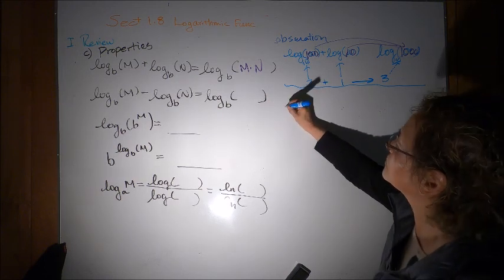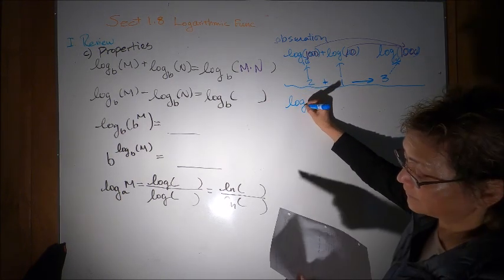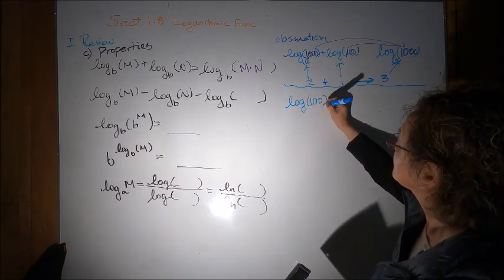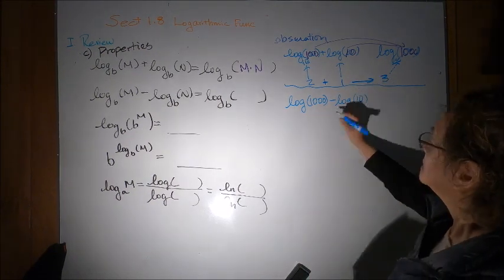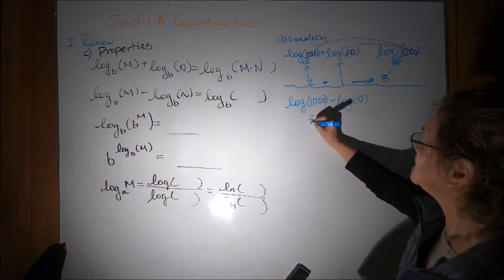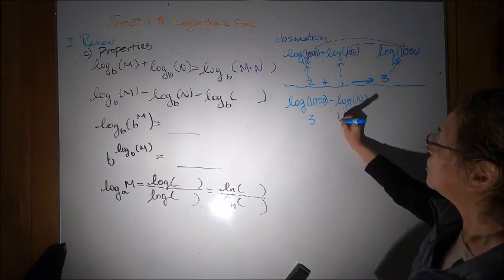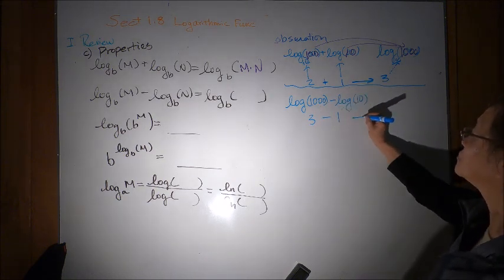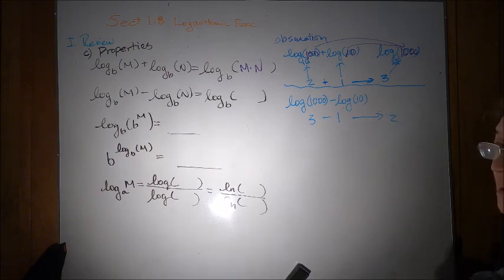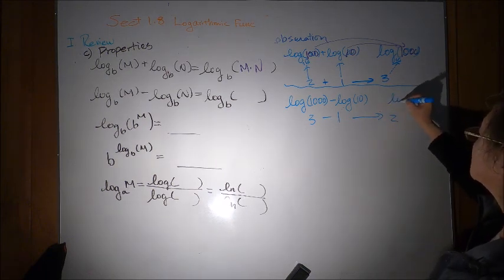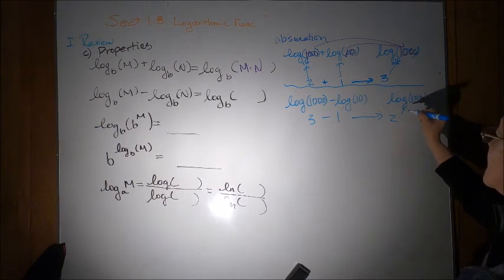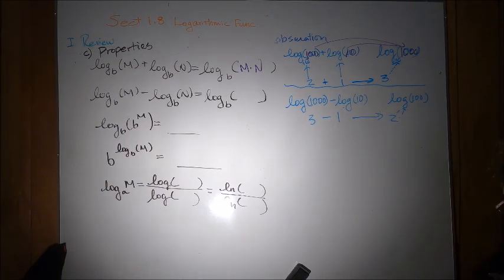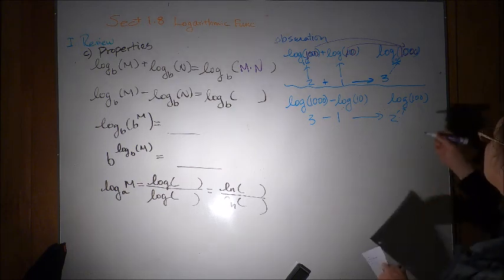For subtraction, just like this, if I have log 1000 minus log 10: log 1000 is 3, log 10 is 1. 3 minus 1, I should get a 2. Log 100 is 2, right? And how do we make this 100 happen?